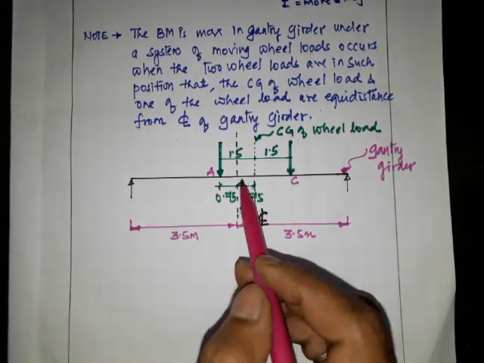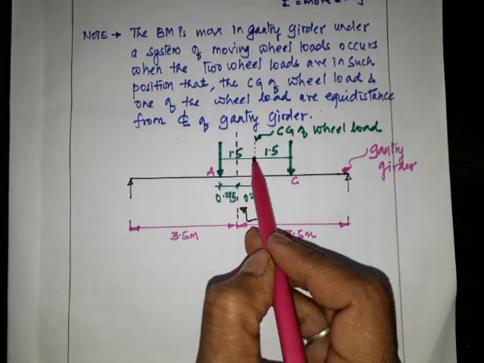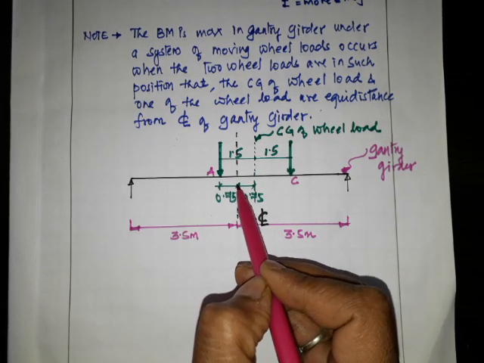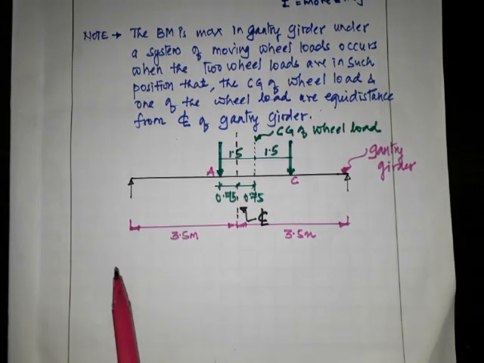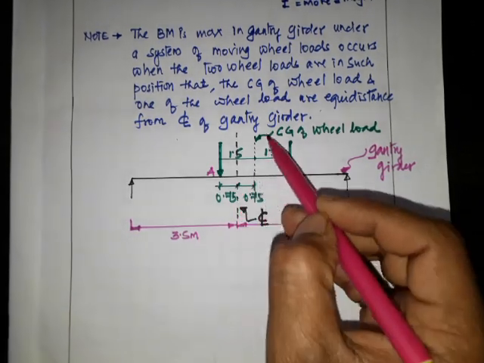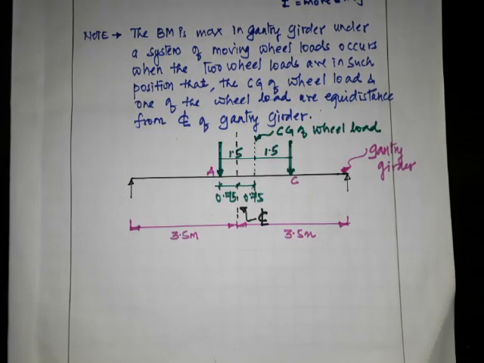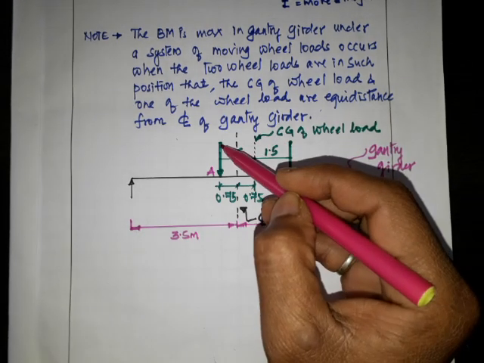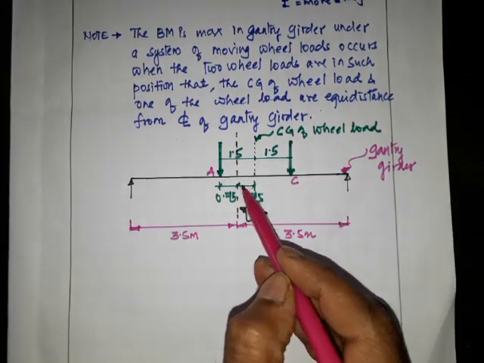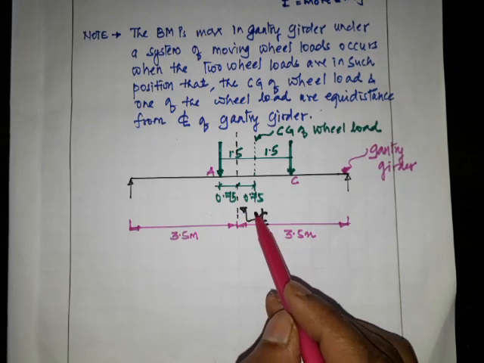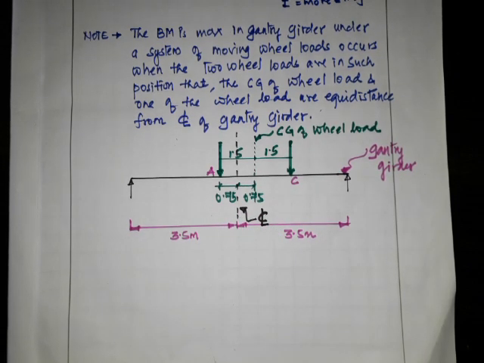Here the total is 1.5 meter, correct? From the center, one of the wheel loads is at 0.75, and the CG of wheel load is again 0.75. Means both the CG of wheel load and one of the wheel loads are at equidistance, that is 0.75, 0.75, from the center line of the gantry girder.